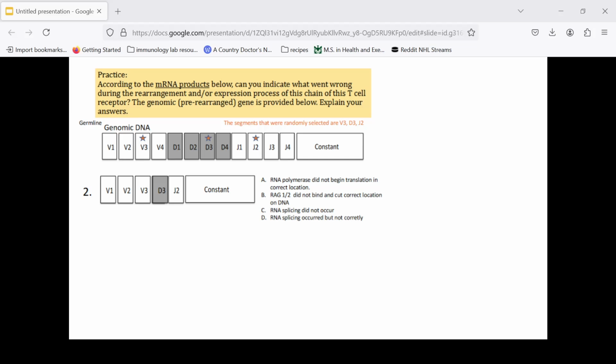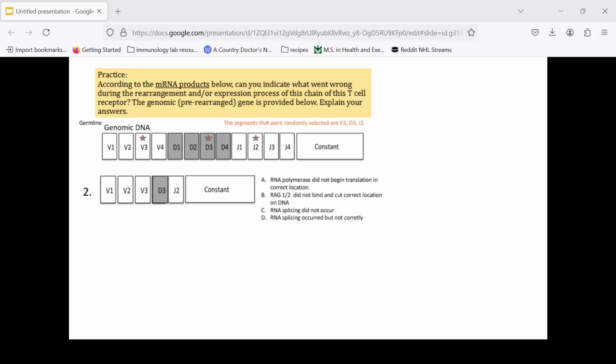And then we have our constant region. This is what our DNA looks like, so we need to do a little more modification before we get just one V, one D, and one J. To get rid of those V's, we start our transcription at this first V, and we end it at our constant region.